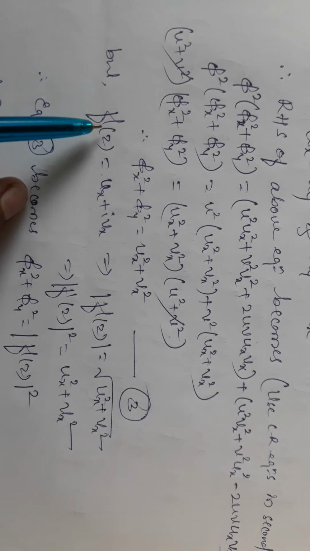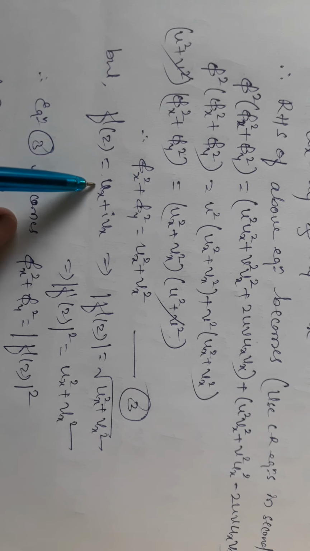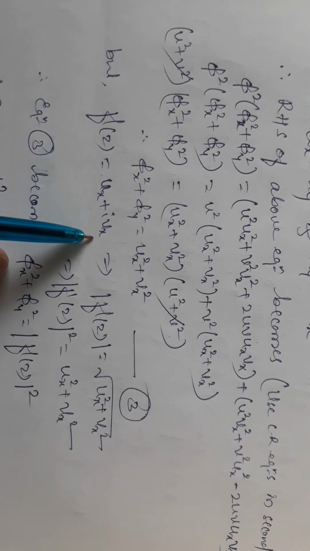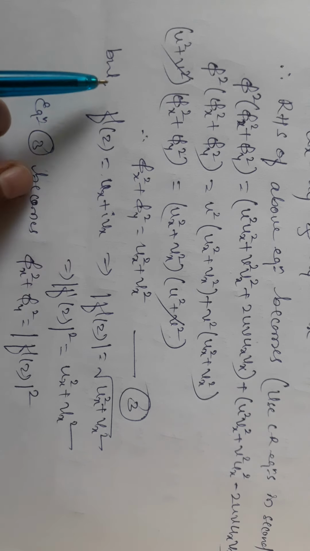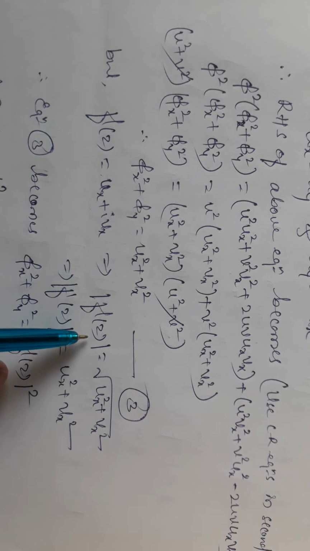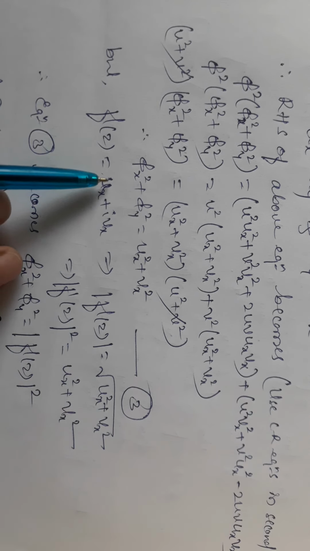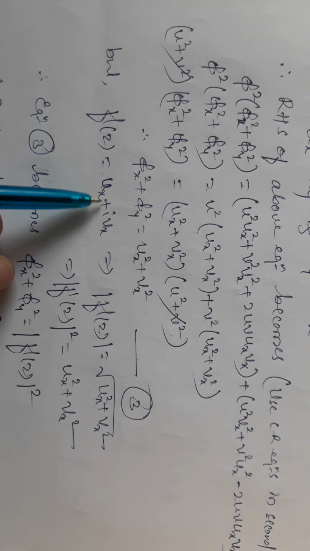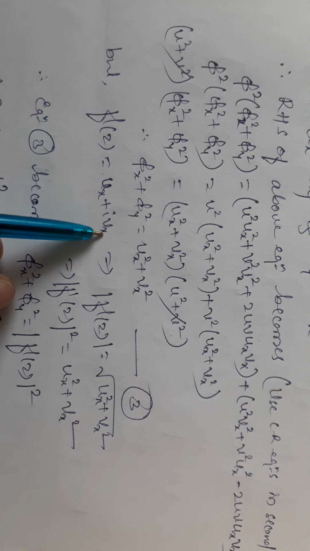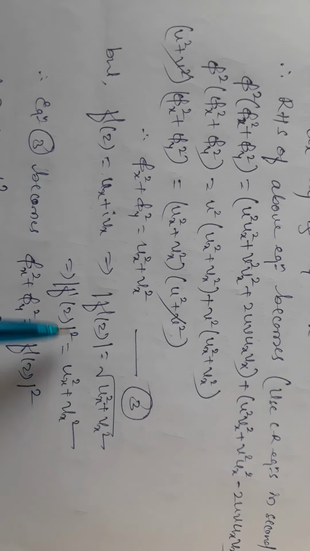But we have f dash of z equal to, in the Cartesian form, ux plus ivx, and it is a complex number, therefore we can take the mod. That is, mod f dash of z is the square root of the square of the real part ux square plus the square of the imaginary part vx square, and taking the square, mod f dash of z whole square is ux square plus vx square.